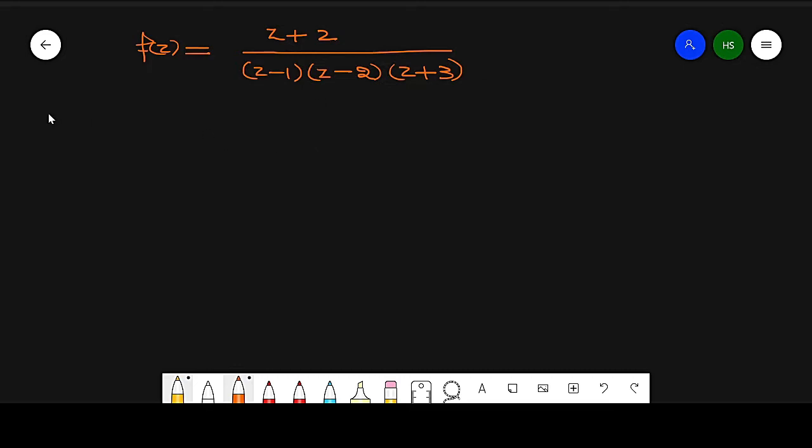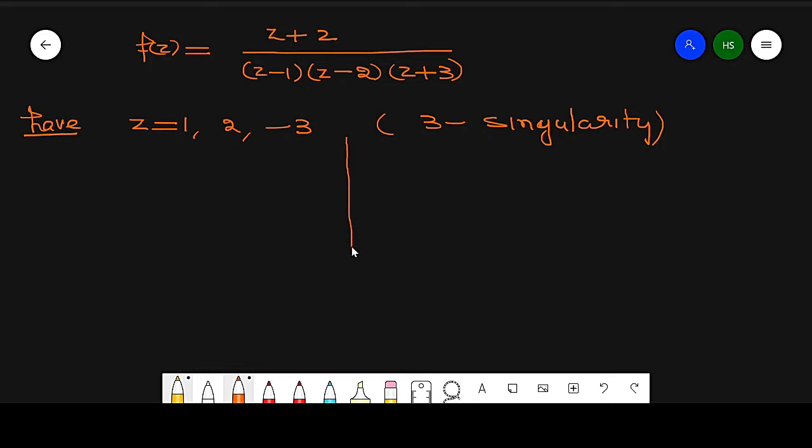Now this function has three singularities, z equal to 1, 2 and minus 3. This function has three singular points, 1, 2, minus 3. Now check whether they are isolated or non-isolated.